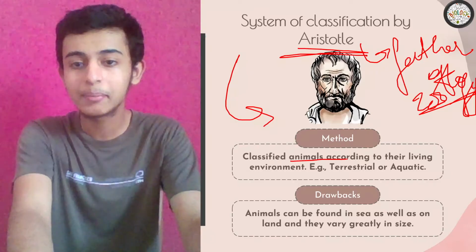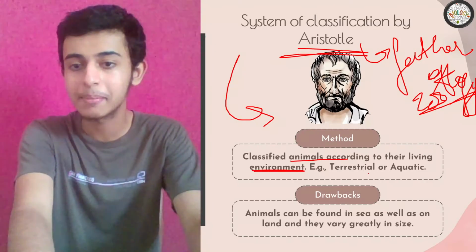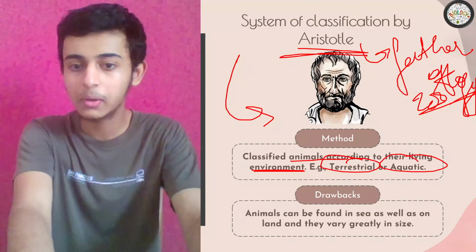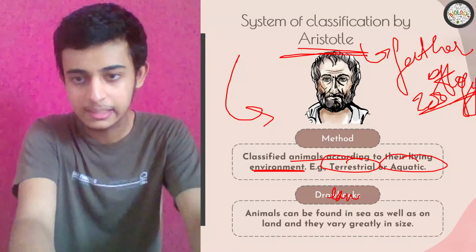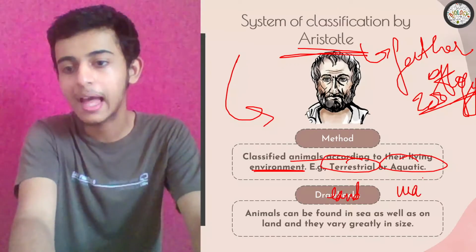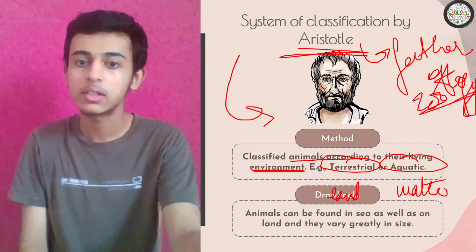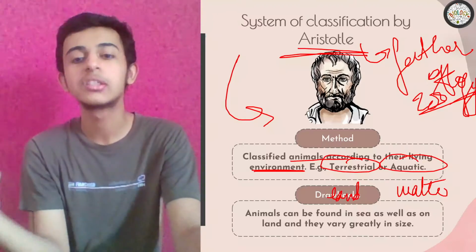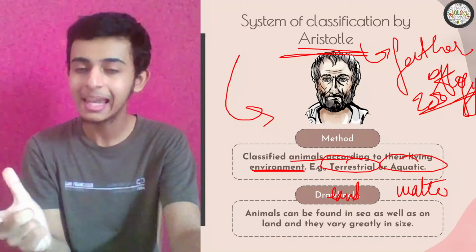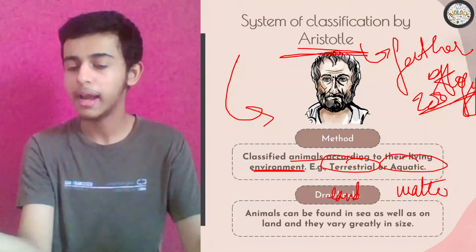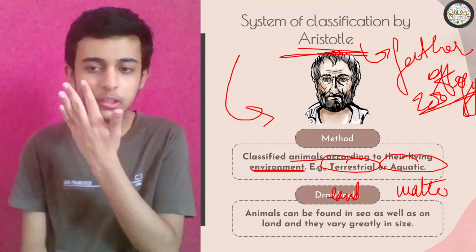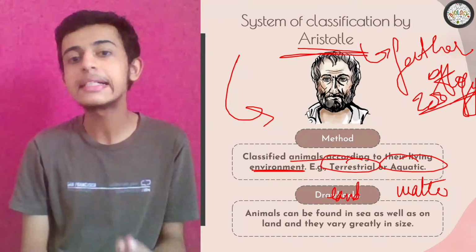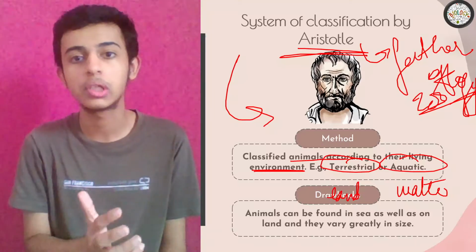He classified animals according to their living environment, terrestrial or aquatic. Terrestrial if that animal lives on the land, aquatic if the animal lives under water. So, on the basis of that, Aristotle classified the animals as terrestrial or aquatic. Terrestrial, land, aquatic, water. What was the drawback? Drawback means the disadvantage or limitation.